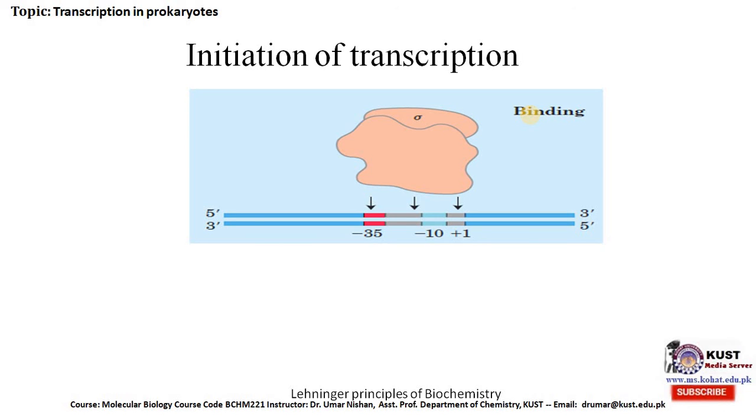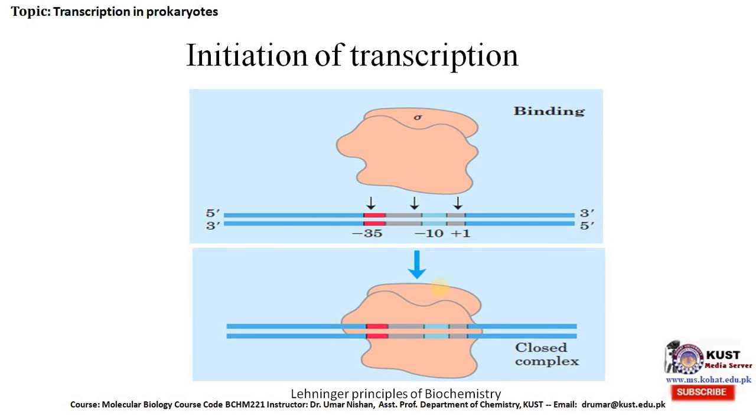So in the binding phase, the initial interaction of RNA polymerase with the promoter leads to formation of a closed complex. So RNA polymerase binds with the DNA in the promoter region, and it forms this closed complex.